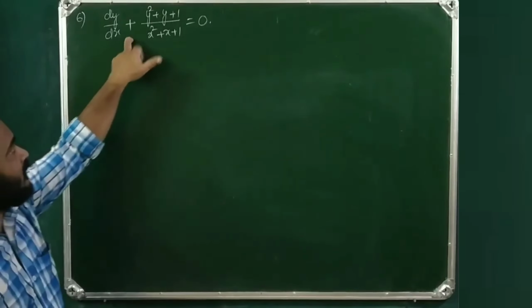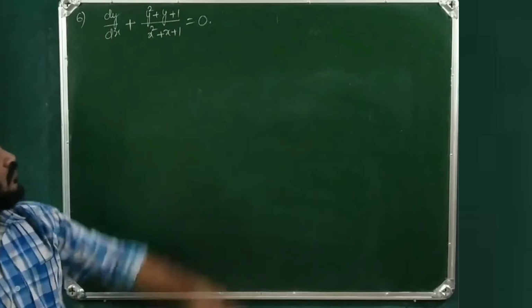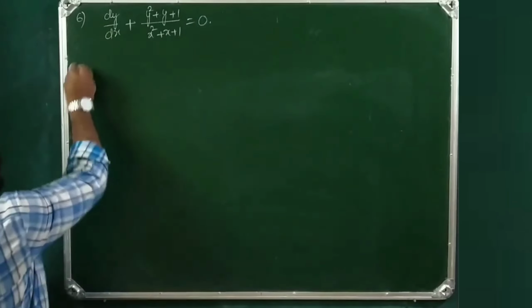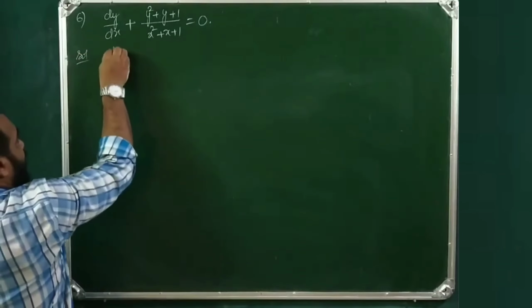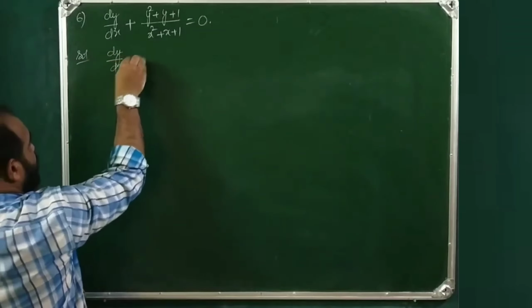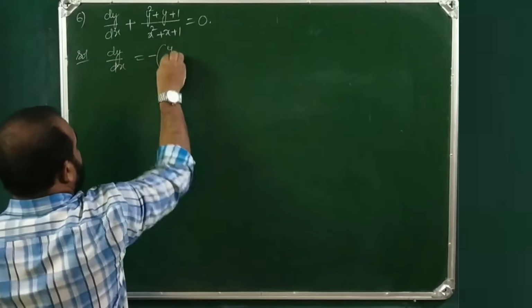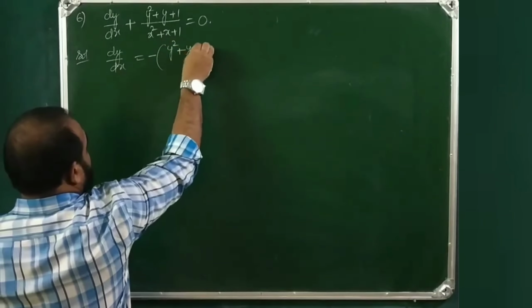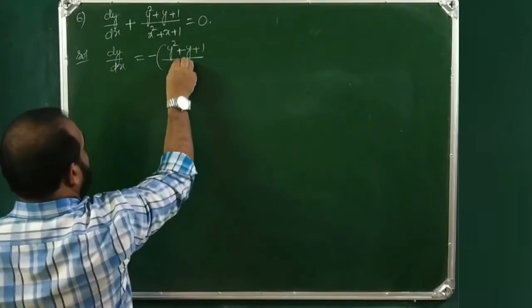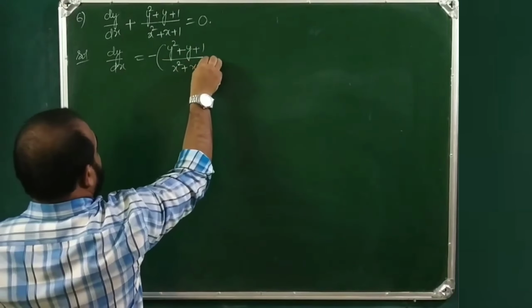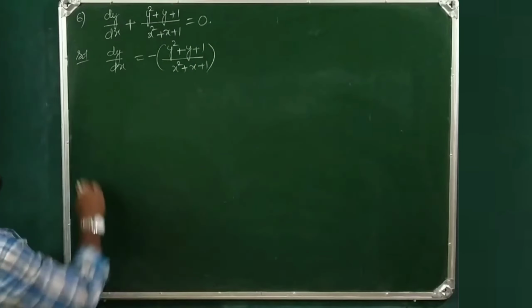dy by dx plus (y square plus y plus 1) by (x square plus x plus 1) equals 0. dy by dx is equal to minus (y square plus y plus 1) by (x square plus x plus 1).